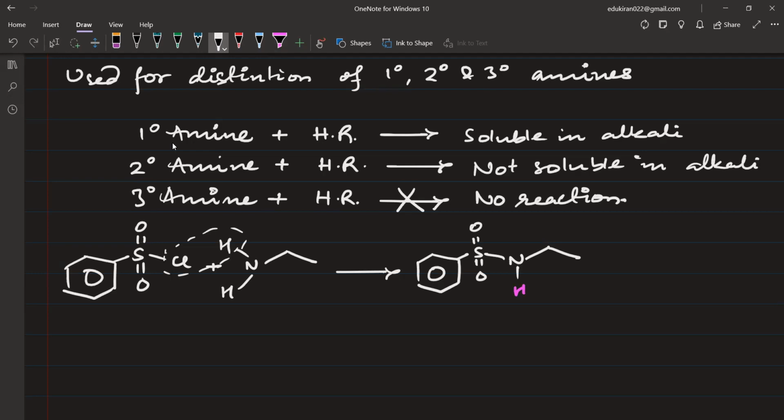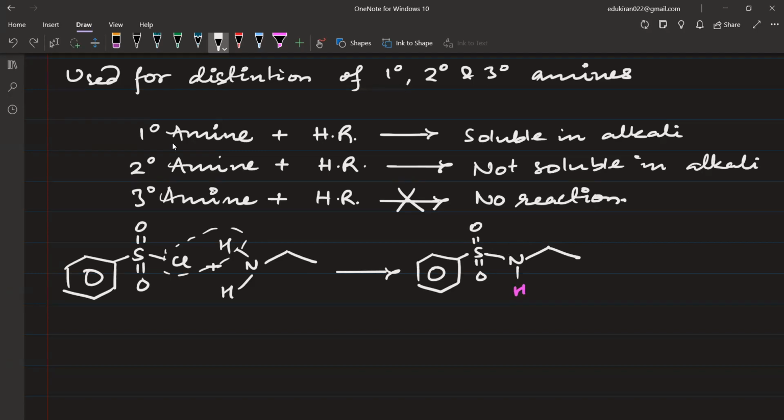Because if I remove this hydrogen, nitrogen will get a negative charge. H plus will leave, giving the nitrogen the negative charge, and this negative charge can be in resonance with the sulfur here. It can be in resonance with the sulfur's oxygen also, and furthermore, that resonance can also go through this benzene ring.